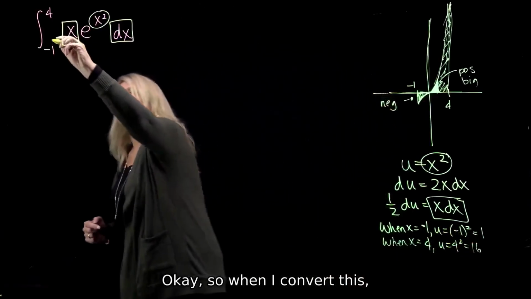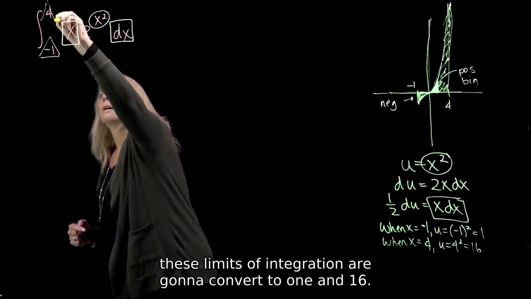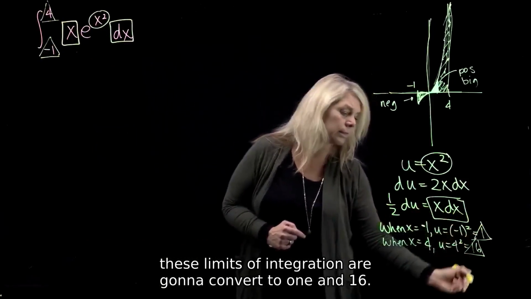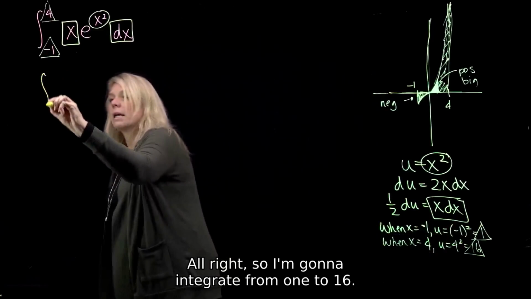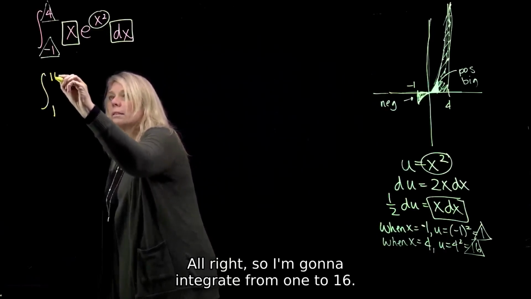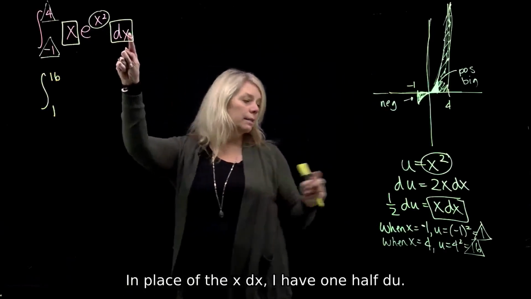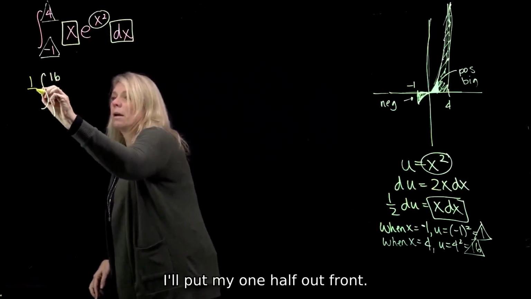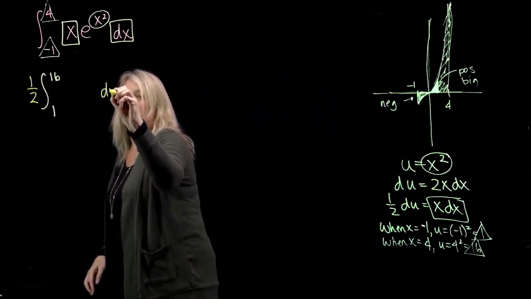Okay, so when I convert this, these limits of integration are going to convert to 1 and 16. All right, so I'm going to integrate from 1 to 16. In place of the x dx, I have 1/2 du. Pull my 1/2 out front.